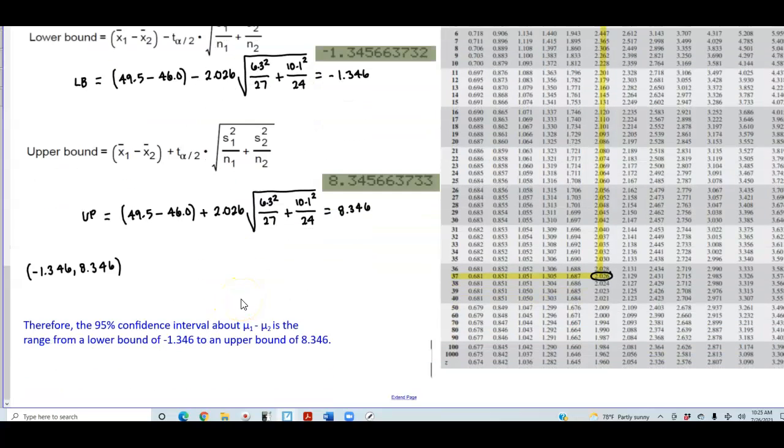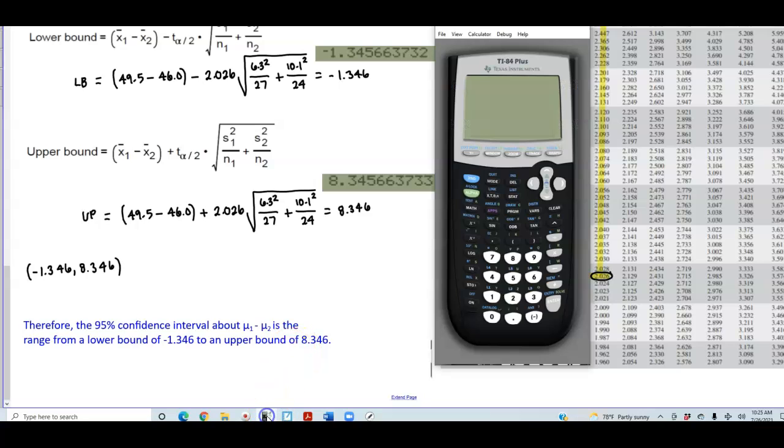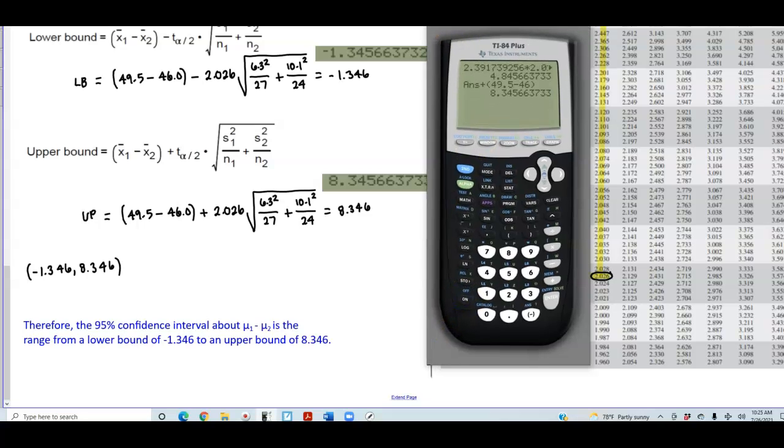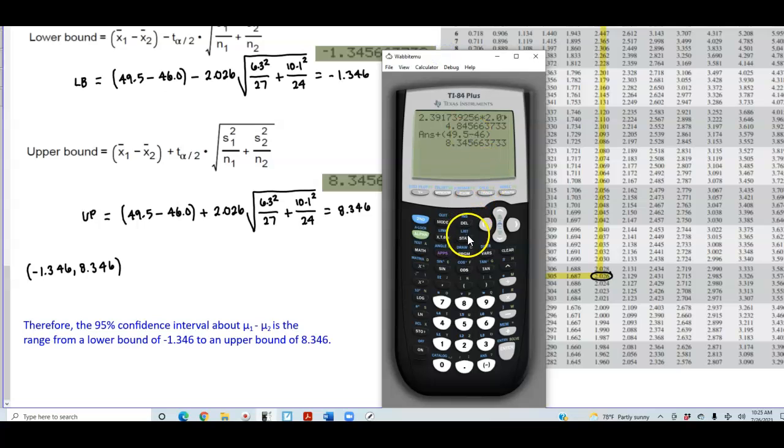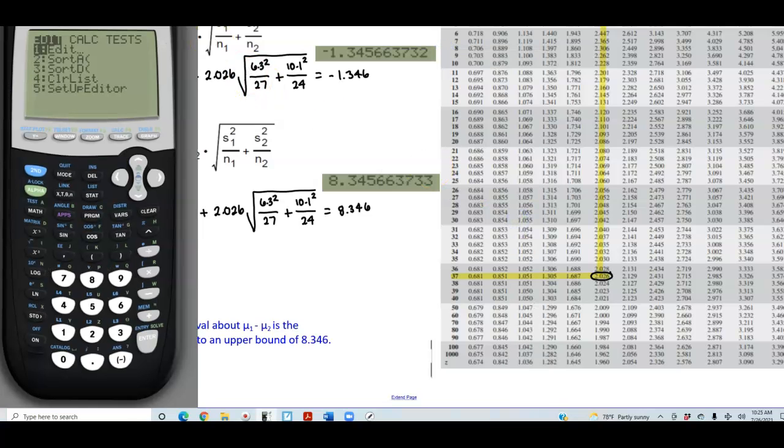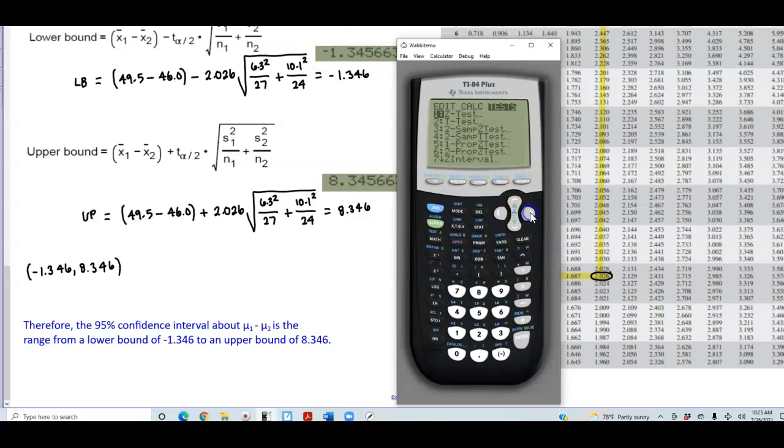Now, if we use the calculator version or StatCrunch, our decimal might be a little bit off in the hundredths place. Let's take a look at what it would look like using a TI-84. We're going to go to Stat, scroll to the right where it says Tests, and then go all the way down to the 2-sample t interval.